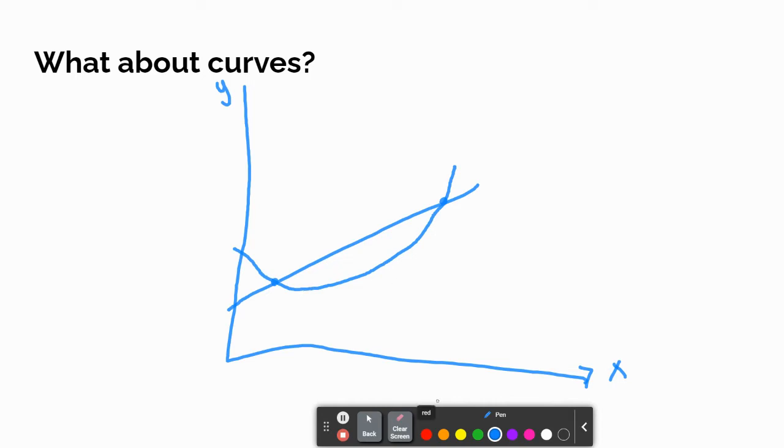So what we're going to do is find the slope of the lines that are tangent to this curve, right? And there's going to be an infinite number of lines that are tangent to this, and that's why you'll see, at any given point, what is the rate of change there?